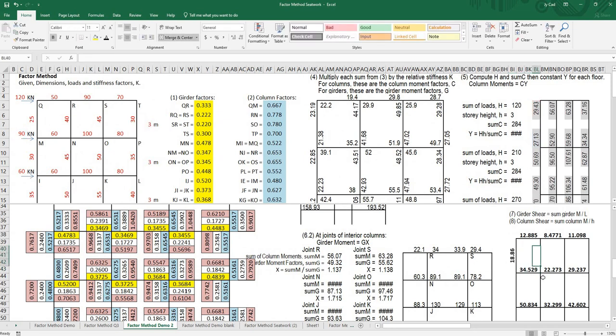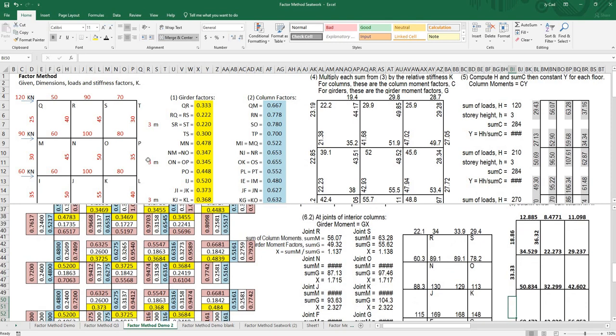Tapos, ito, this is equal to 52.9 summation column moment again. Plus, yan, 56.07. Computein mo lang yung, i-add mo lang yung end moments divided by the length. Yan yung column shear mo, no? Divided by the column height na 3 again. Ganon din dito sa baba. So, this is equal to 49.3 plus 50.69 divided by the story height na 3 again.